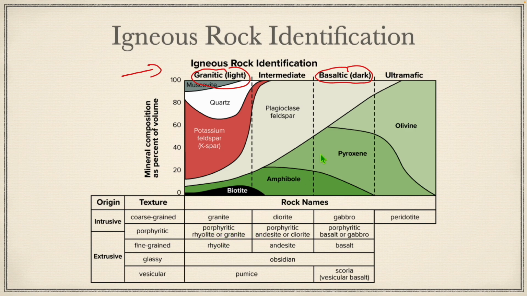If it's dark colored and coarse grained, it's going to be gabbro. If it's an intermediate color and fine grained, it's going to be andesite. If it's lighter in color and vesicular, it's going to be pumice. If it's darker in color, like a reddish brown, it's scoria. So anyway, you use this to identify some of your igneous rocks.